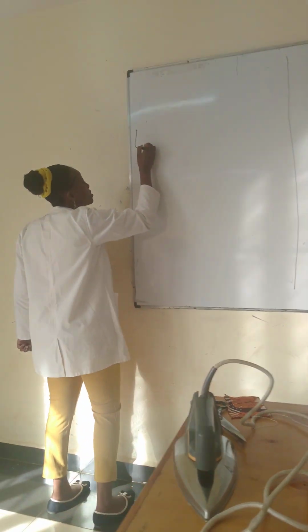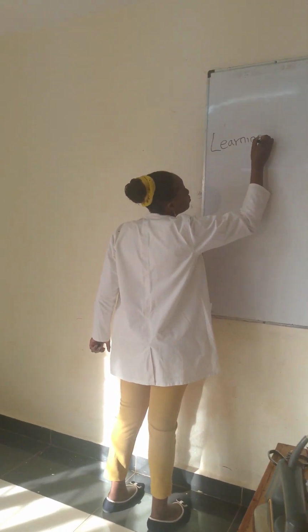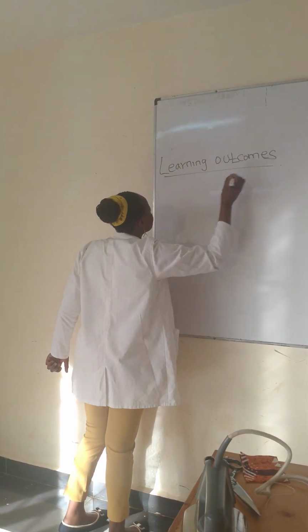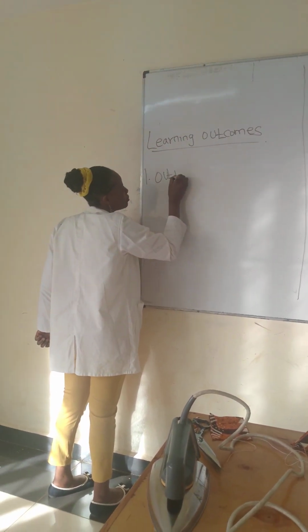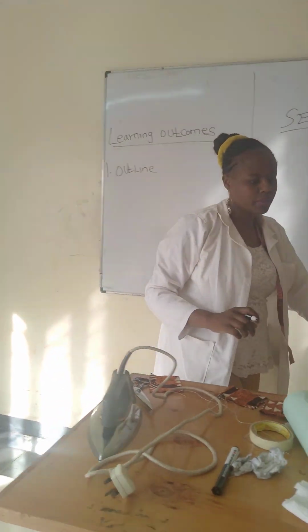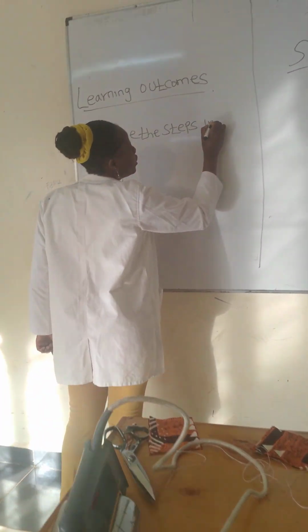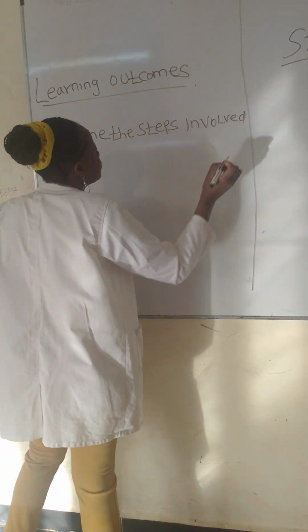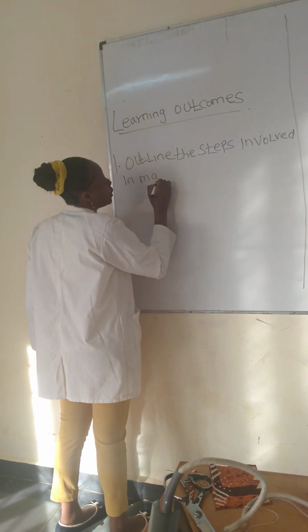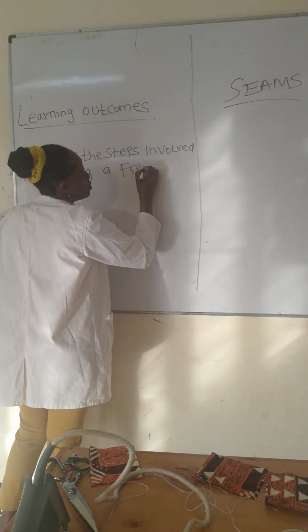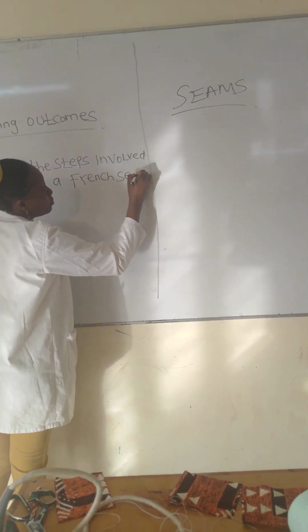So our learning outcomes for today. The first learning outcome is you outline the steps involved in making a French seam.